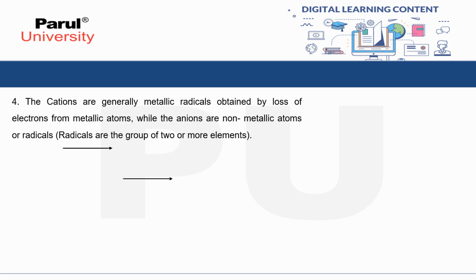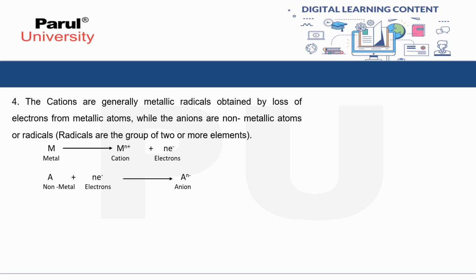The next postulate of Arrhenius theory is that the cations are generally metallic radicals obtained by the loss of electrons from metallic atoms, while the anions are non-metallic atoms or radicals. Basically, radicals are groups of two or more elements.